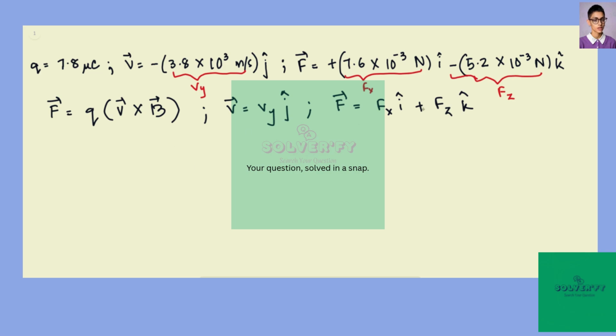Now we are going to apply this equation here. So let's take the B vector to have components along each direction given by Bx, By and Bz.